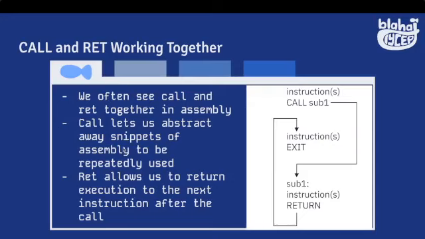The fact that we have separate instructions for those sequences lets us abstract away the exact push and pop that we have to do, right? And that lets us have this kind of abstraction that allows us to easily call programs as we like and return from them, so we can have a better mental model.